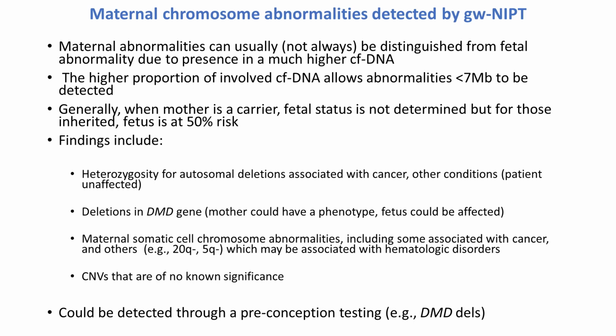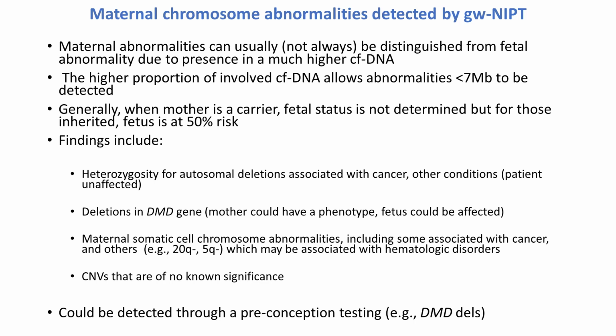And then there are maternal chromosome abnormalities that are somatic in nature, and this includes some that are associated with cancers or risks for hematological disorders. Some of these are, for example, deletions of part of chromosome 20q and 5q.